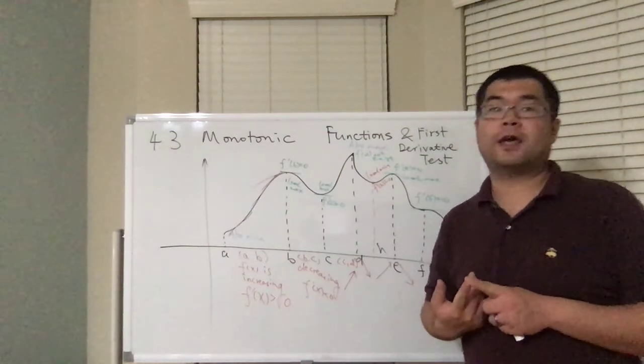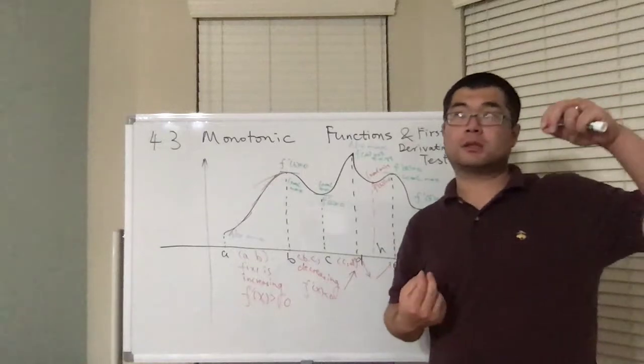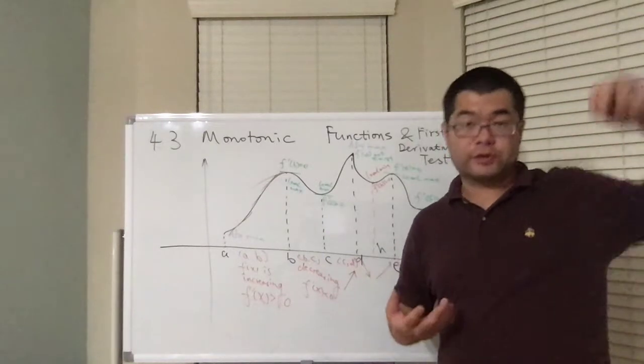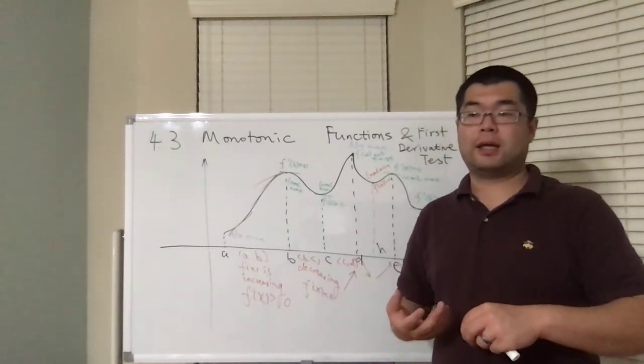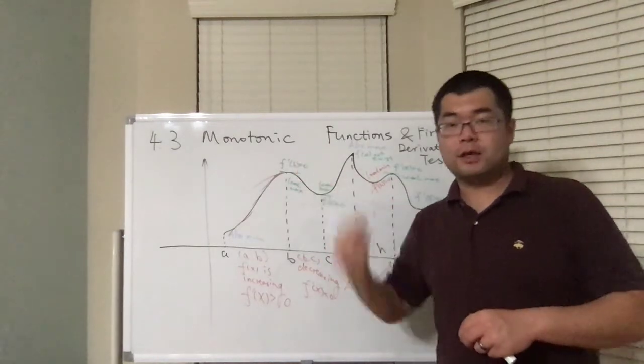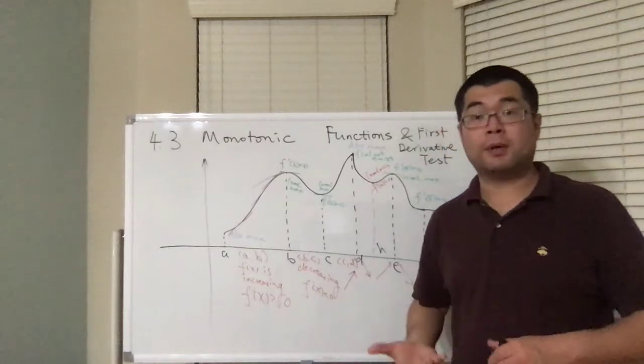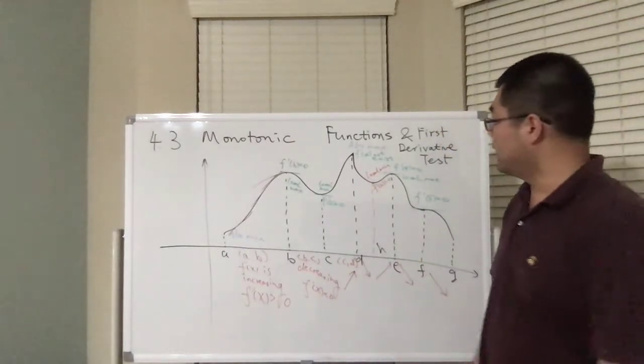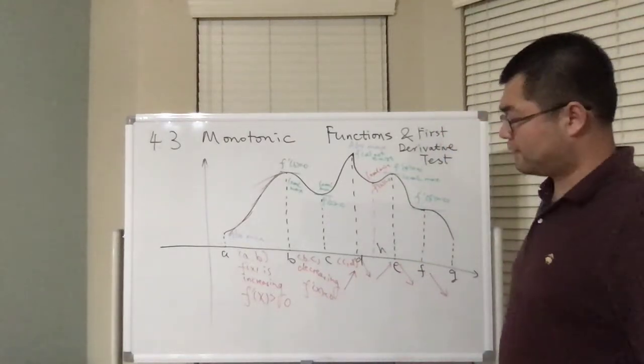And if on the left-hand side the derivative is less than 0, going down, and after that the derivative becomes positive, going up, then you're going to have a local minimum. So that's everything about the first derivative test.